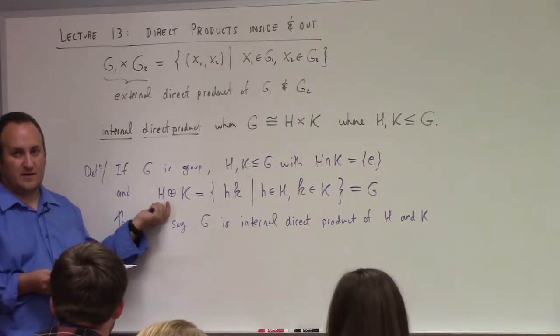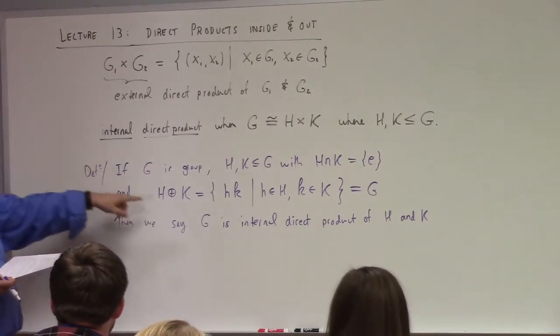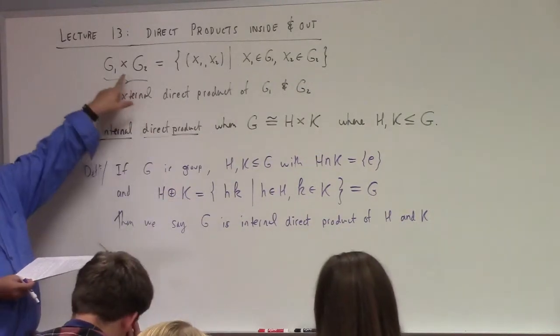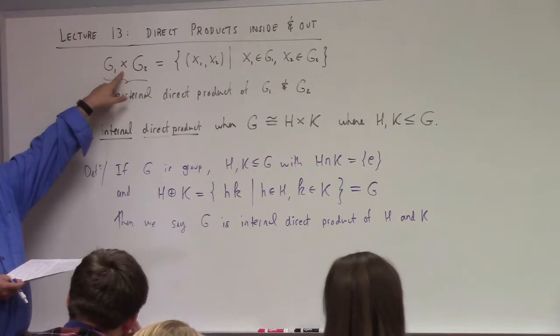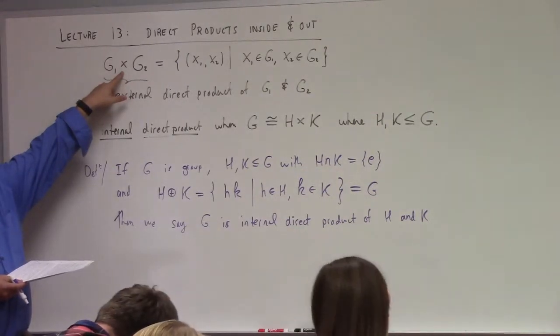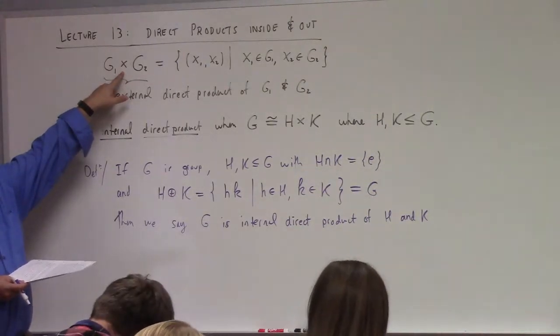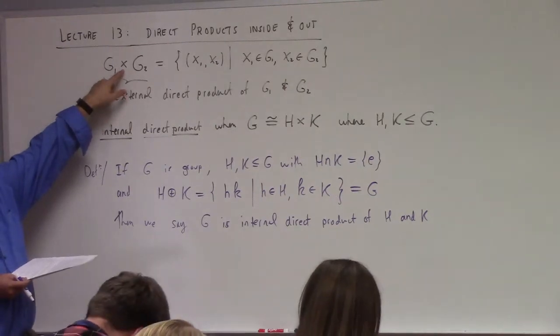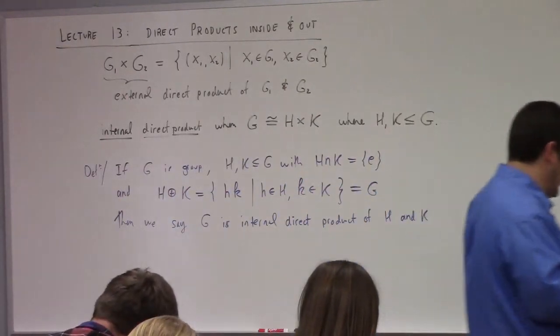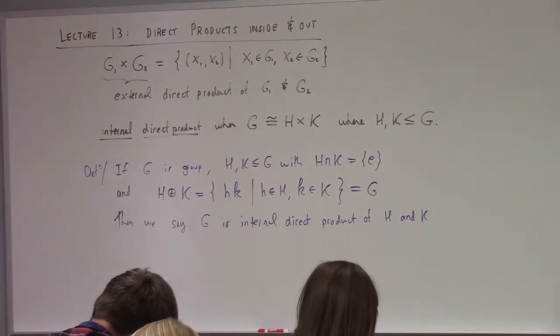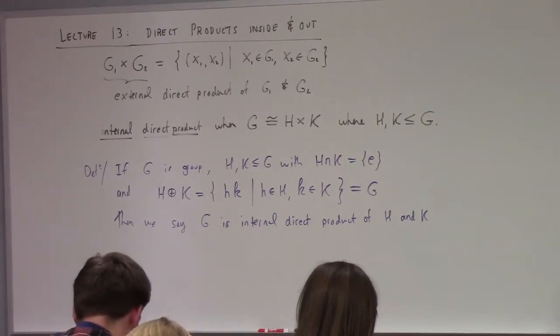If you look at a book like Gallian, Gallian also uses plus circle for this, which I think adds another level of confusion altogether. So let's not do that. I like our external direct products to just be like this, yeah? But there's a lot of different notational choices out there. All right, so a quick example.